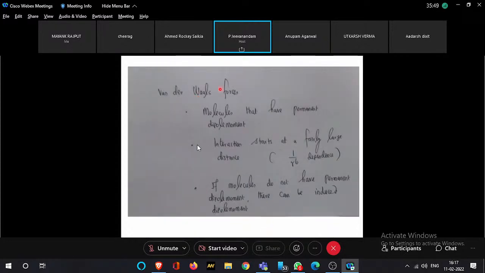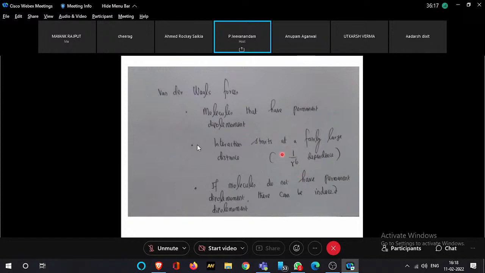Now, van der Waals forces act if you have a solid constituted by molecules which have permanent dipole moment, they can have interaction between them, and then you have a long range interaction which has an R power 6 dependence. The attractive interaction has R power 6 dependence.